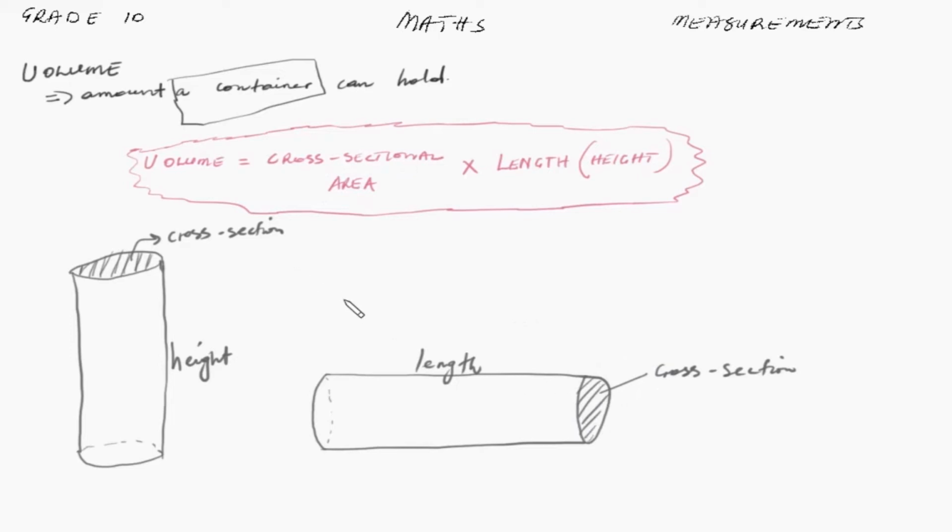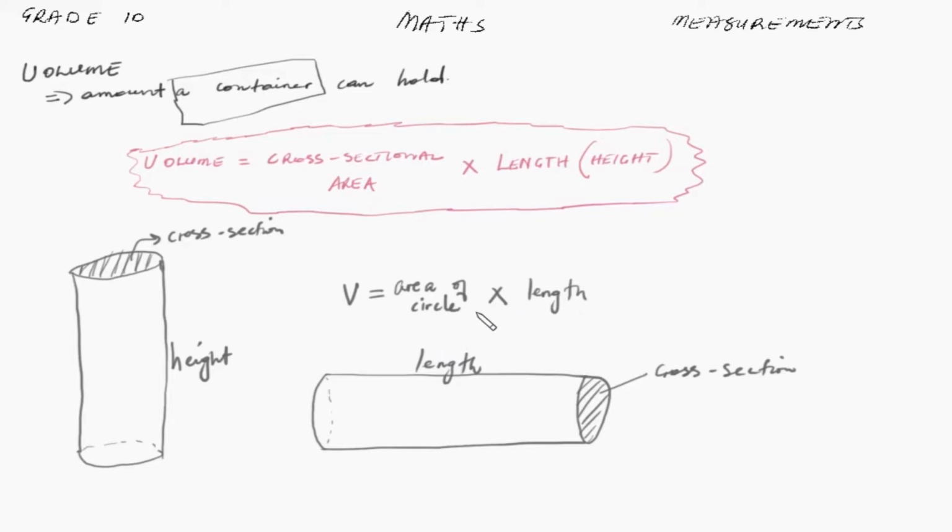That means the volume here is going to be the area of a circle, because the cross section is a circle. Then we multiply this by the length of this cylinder.